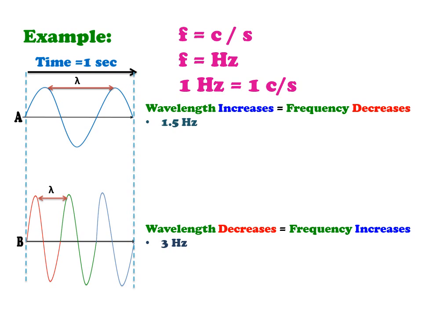Sine wave B has 3 wavelengths if you count, and its wavelength is shorter than the wavelength of sine wave A, so the wavelength of B decreases and the frequency increases. If there are 3 wavelengths or 3 cycles in 1 second, you divide, which equals 3 hertz.